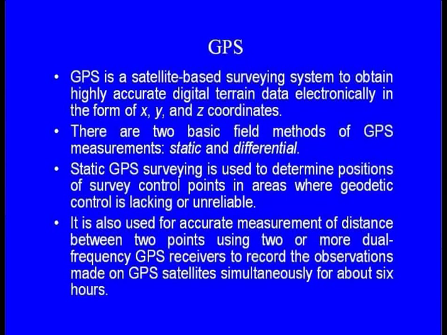It is also used for accurate measurement of distance between 2 points using 2 or more dual frequency GPS receivers to record the observation made on GPS satellites simultaneously for 6 hours.